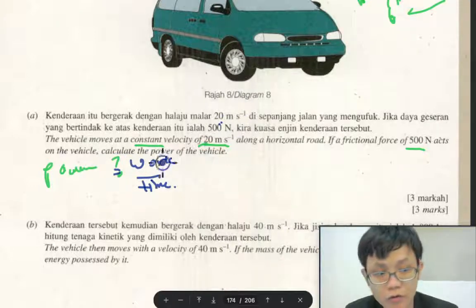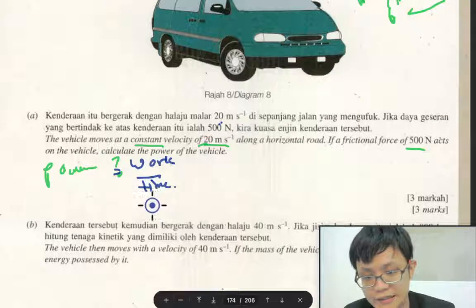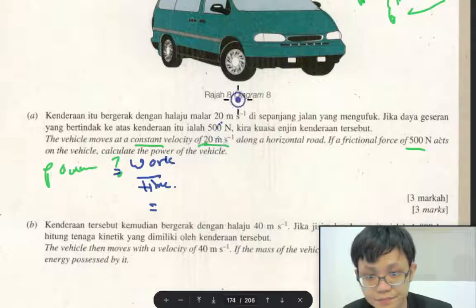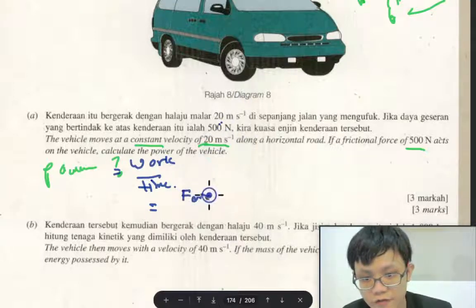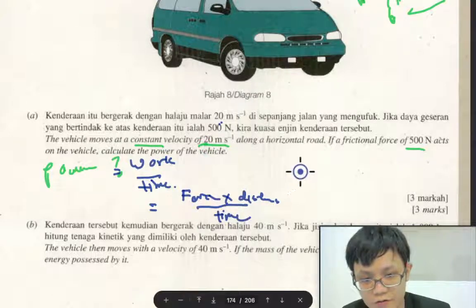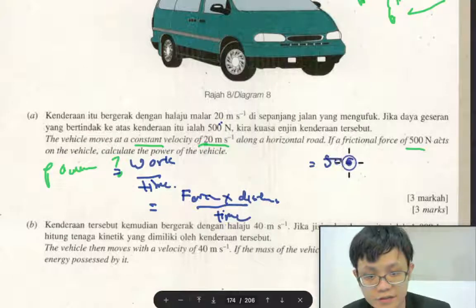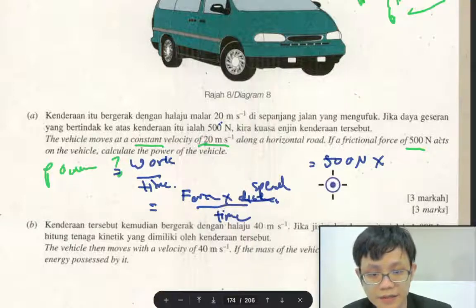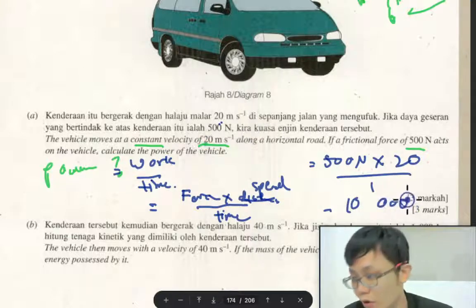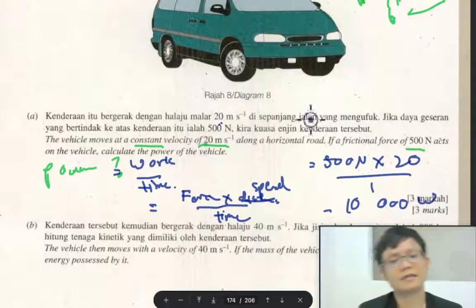Okay, so the formula for work is force times distance. Force times distance divided by time. So the force is 500 Newton times distance, times speed. Okay, force times speed, which is 20, divided by 1 second, you get 10,000 watt. So this is the answer.